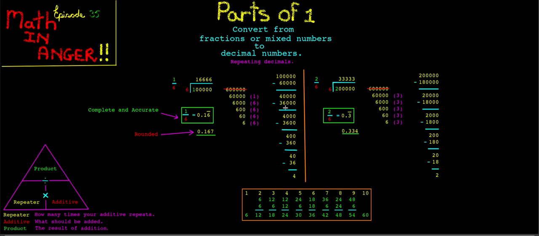Literally forever. It does not end. The way we write that using the decimal number system is this way: 0.16 with a line above the 6, and that line means this 6 never ends. It is repeating forever and ever.